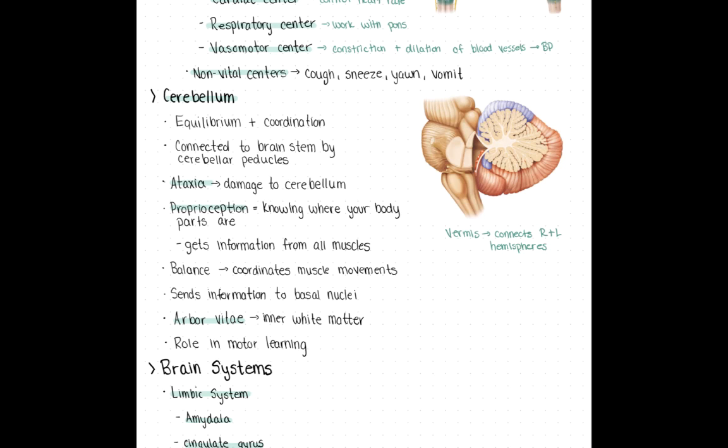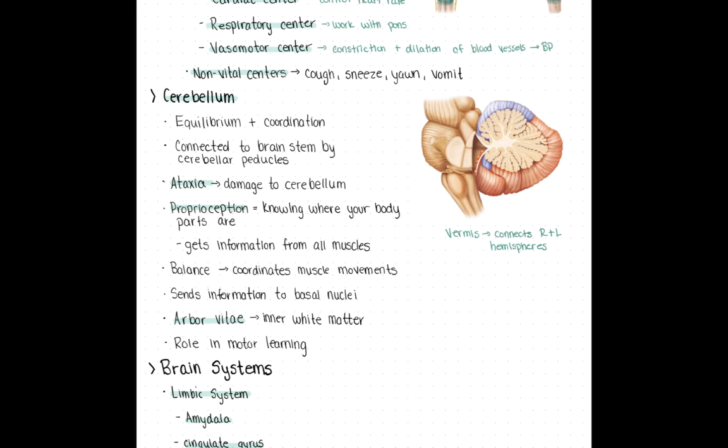And then when you cut mid-sagittally and look at the cerebellum, you can see we have these areas of white matter in the middle, and they branch out in this almost tree-looking structure, with gray matter on the outside, kind of like a gray matter cortex like we saw in the cerebrum. We also see that in the cerebellum.